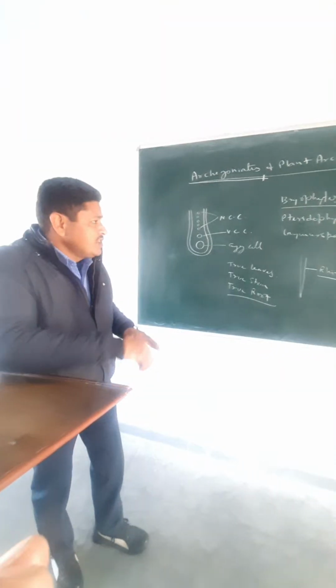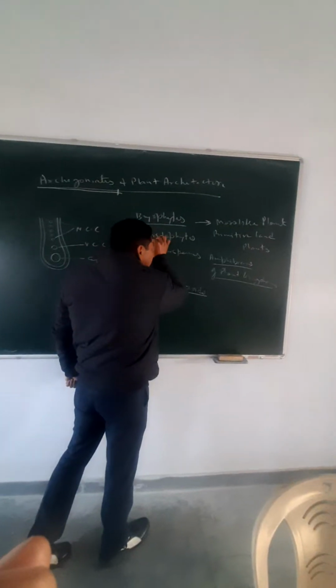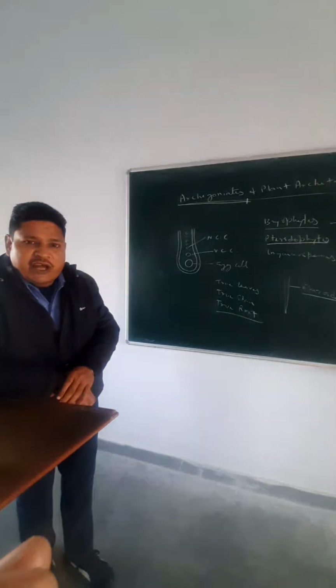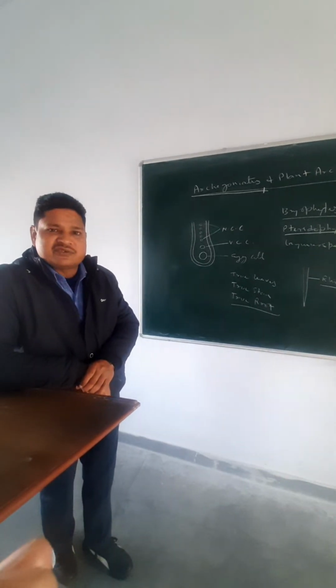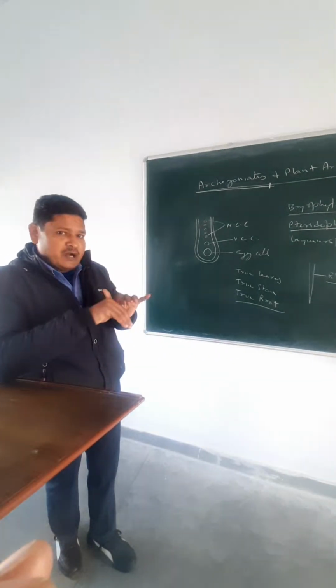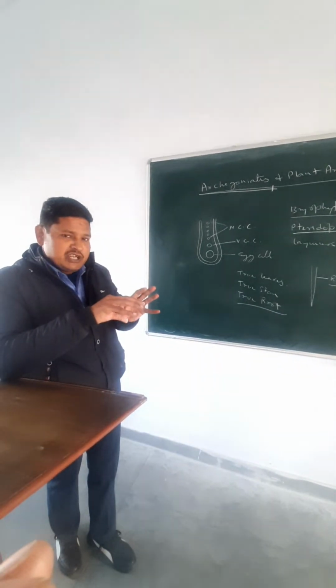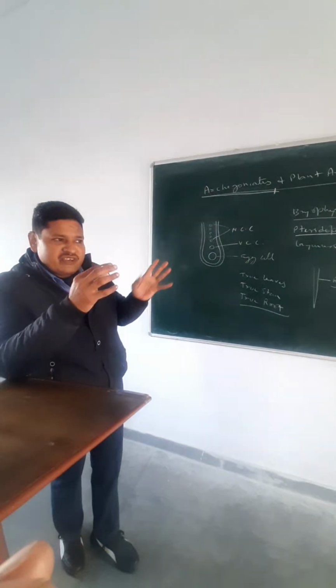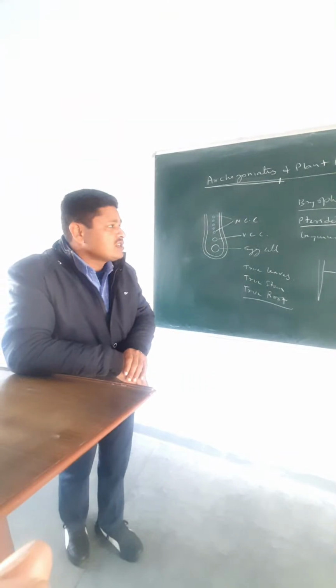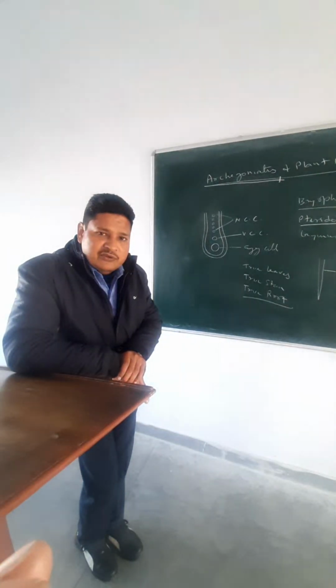The other group is the pteridophytes, which is also placed in the archegoniates. Ptero means leaf-like structure and phyton means plants, that is those plants in which initially large leaf-like or feather-like structures appear. That's why they are called pteridophytes.